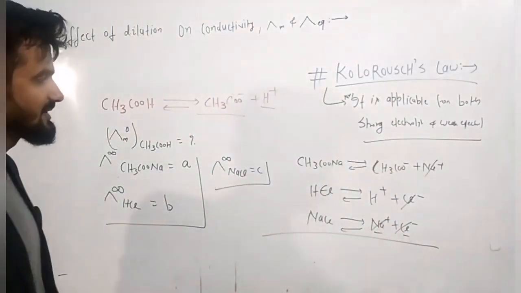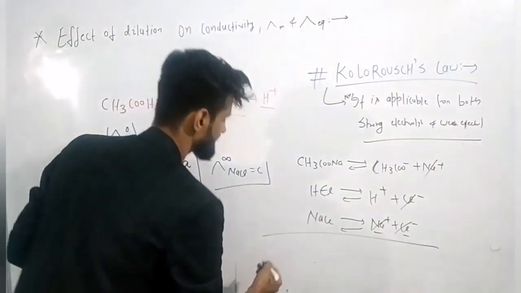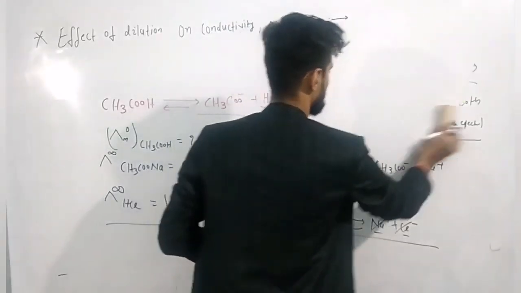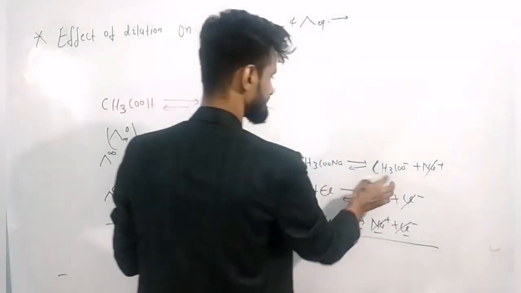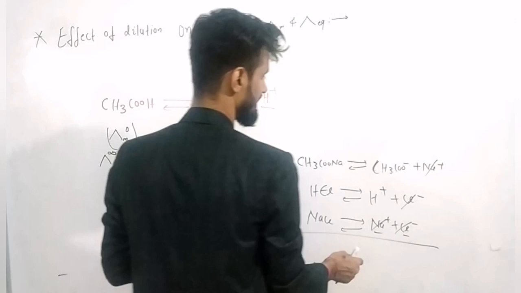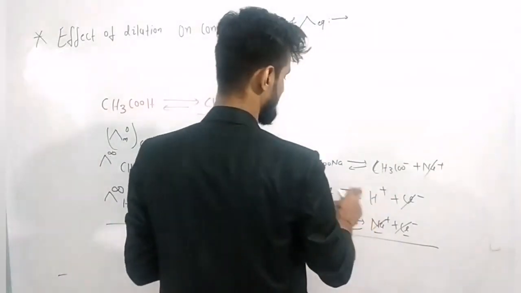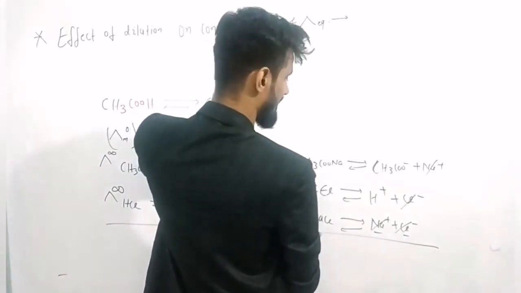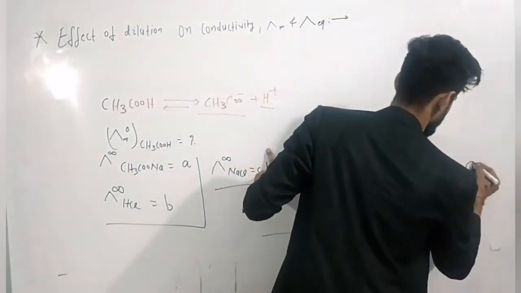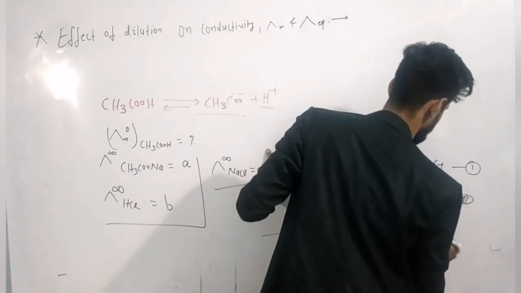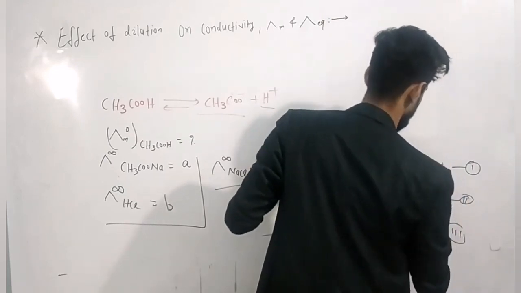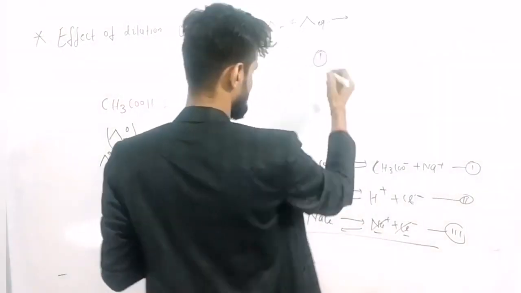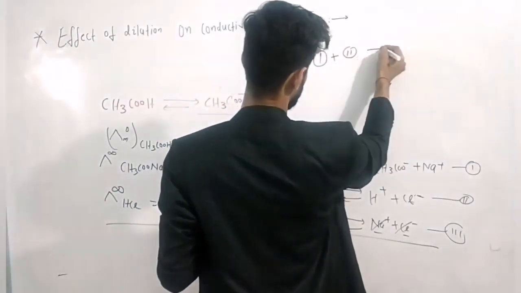So if you want to get CH3COO minus plus H plus, you have to add these two, and after adding these two, you have to subtract this one. I am assuming this is the first equation, this is the second equation, and this is the third equation. Okay.